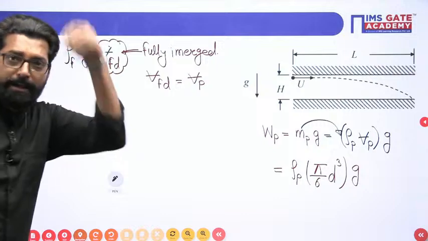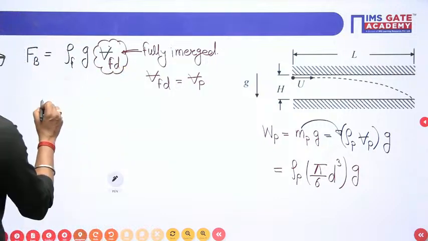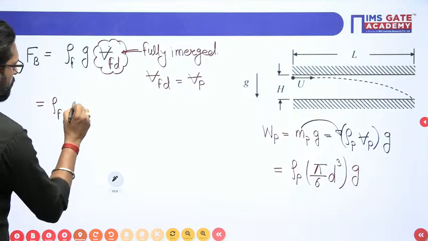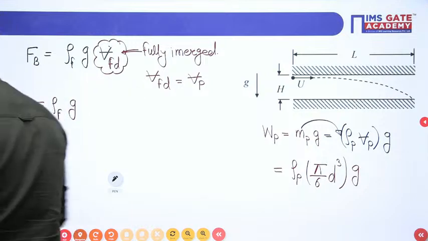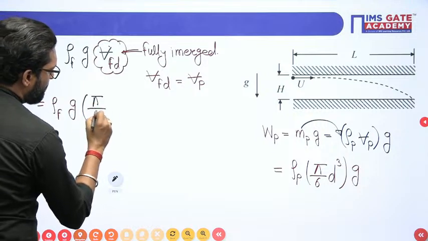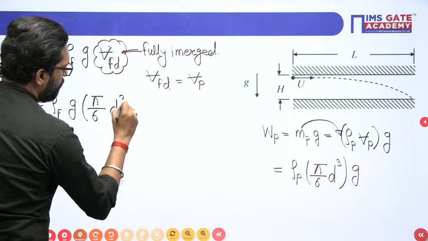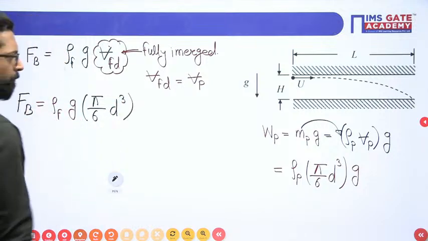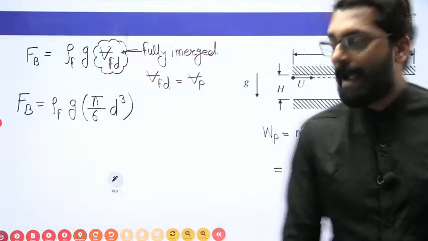So density of the fluid, g, and volume of the particle pi by 6 d cube. This is your buoyant force, and this is your weight.